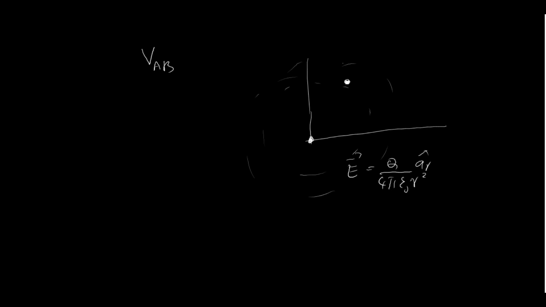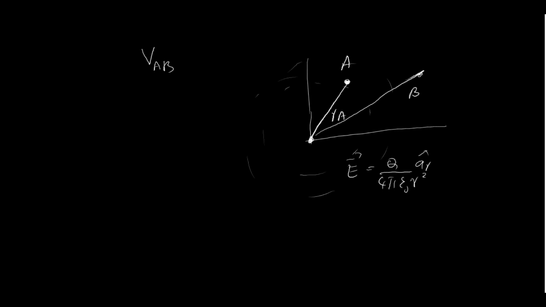Now there is a point A at a radius RA and another point B at a radius RB.